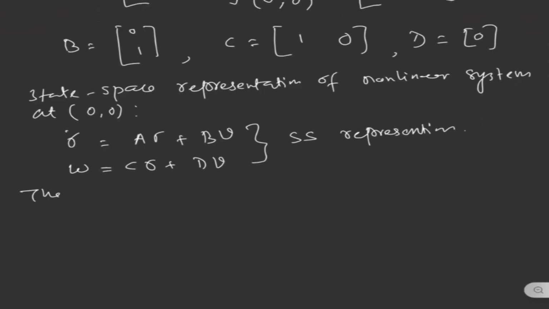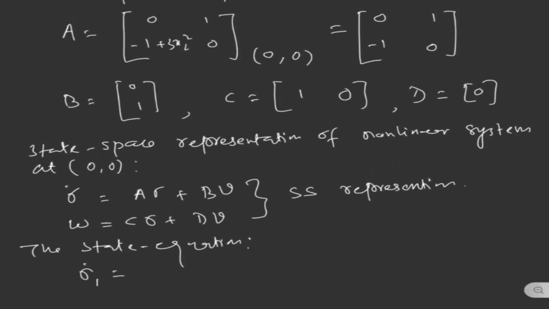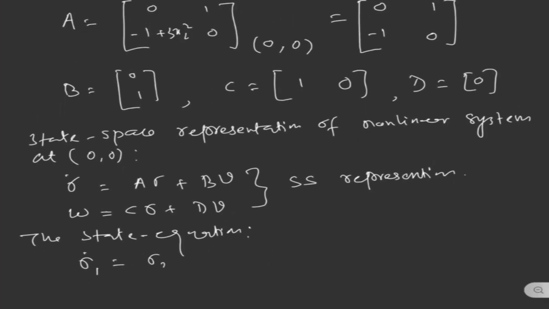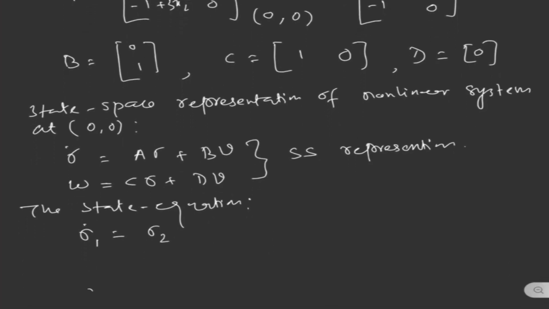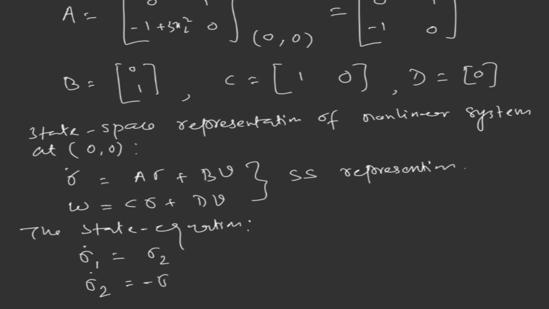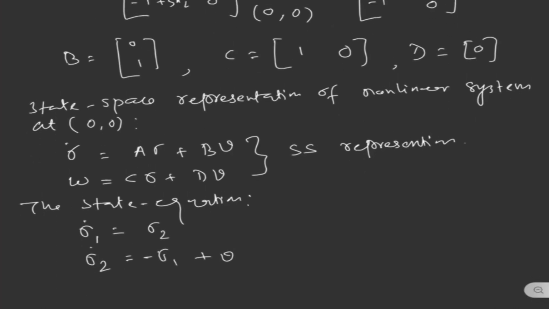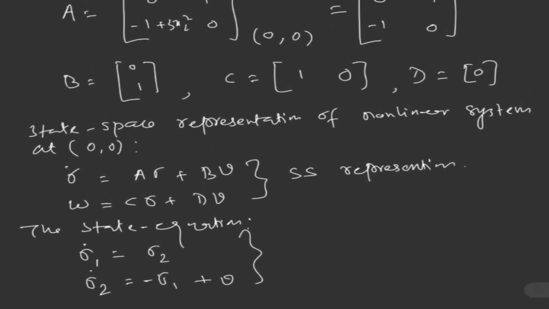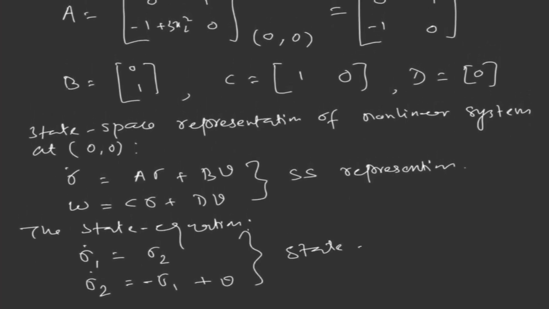The state equations are sigma 1 dot equal to sigma 2, and sigma 2 dot equal to the corresponding expression plus V. This is my state equation.